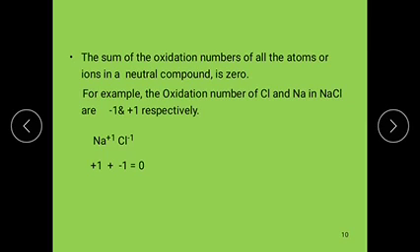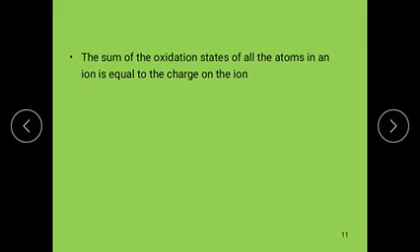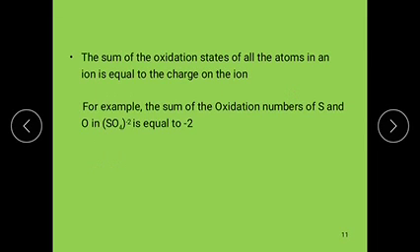If it is an ion, the sum is equal to its charge. In the ionic state, it equals its charge. SO4 2- is there. In that, the sulfur oxidation number plus the oxygen oxidation numbers equal the charge of that ion, that is -2. The sum of the oxidation states of all the atoms in an ion is equal to the charge of the ion.